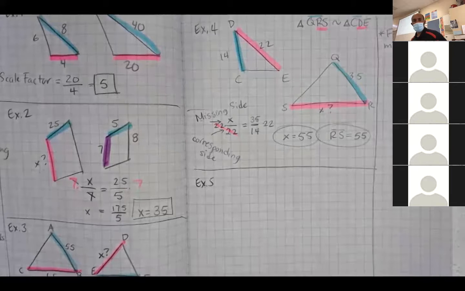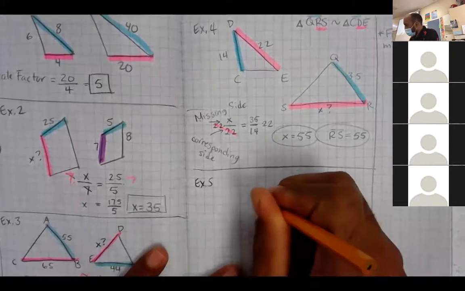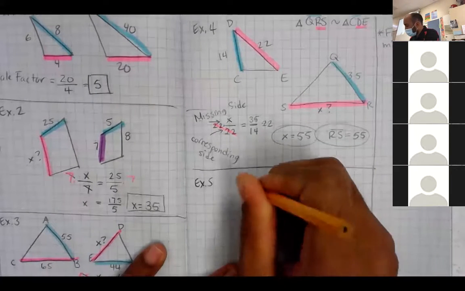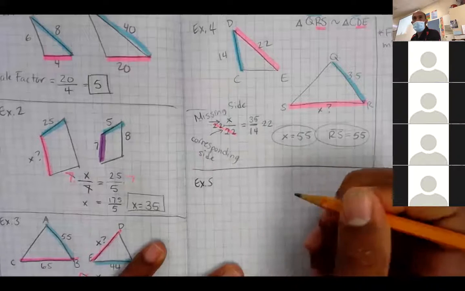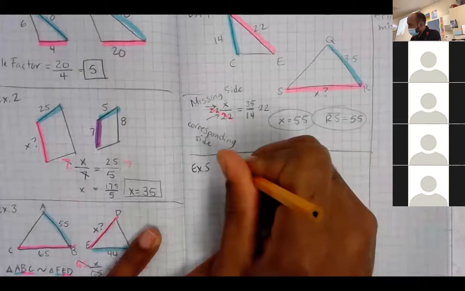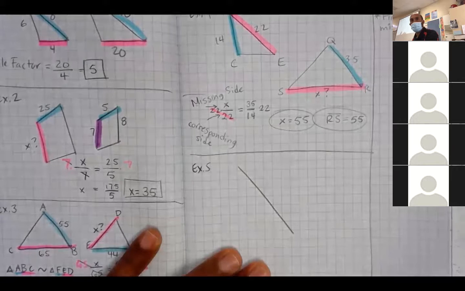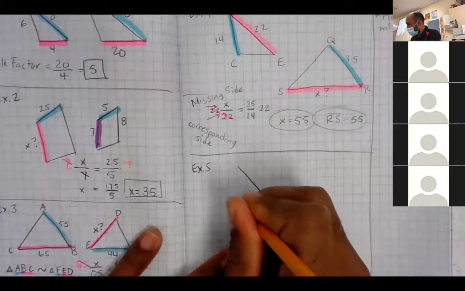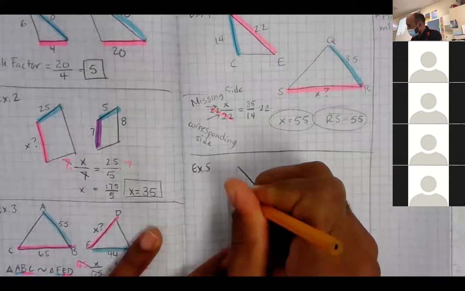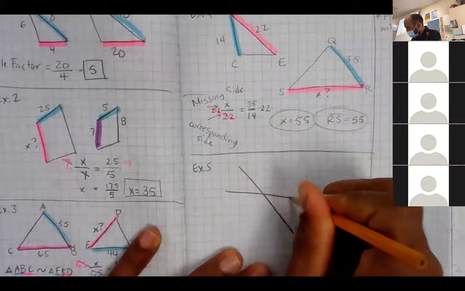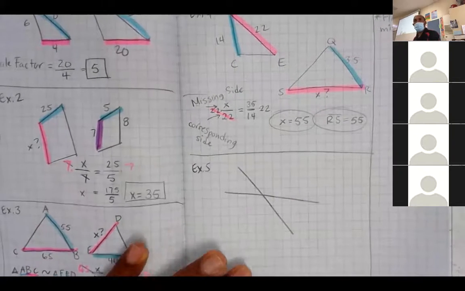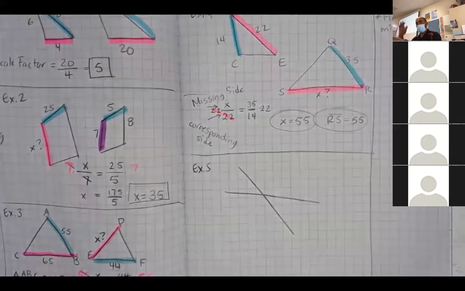Move this over here. All right, so this one, what I'm gonna do to draw this is I'm gonna do one line like that, and then another line like that. Okay, so just make two lines that cross. This is the easiest way to draw this.